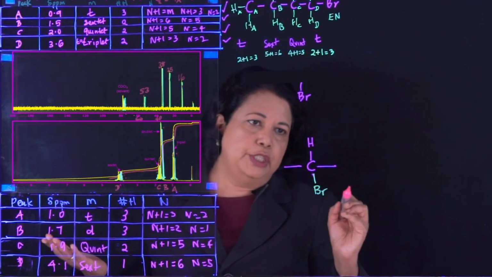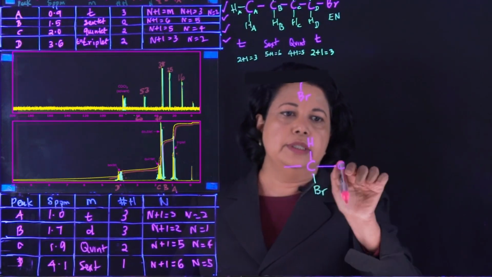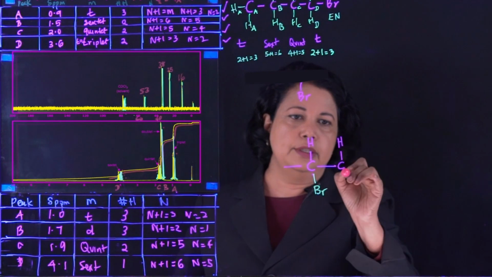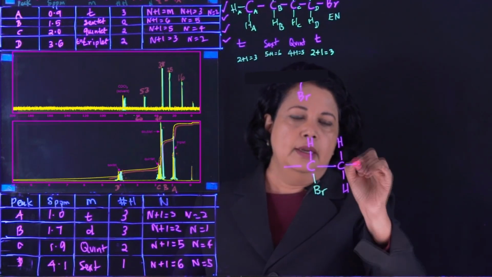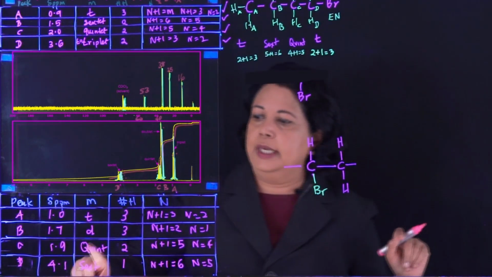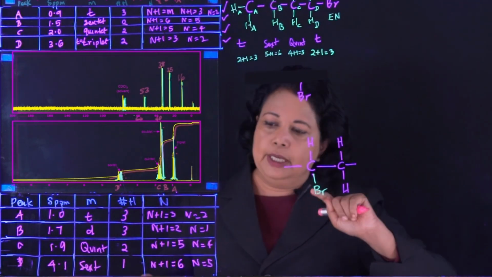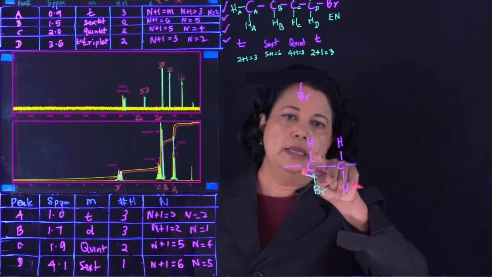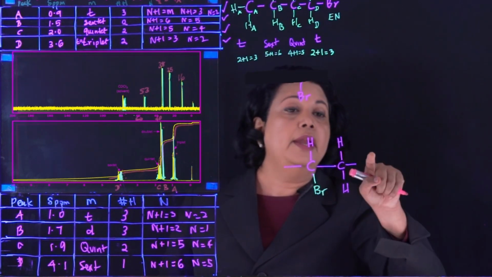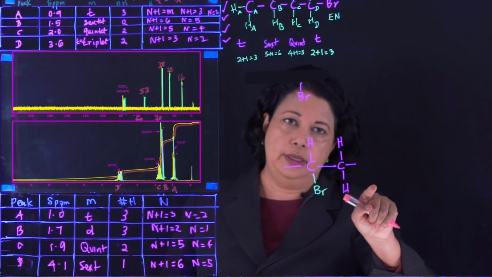Where would you put your CH2? Well, it's either this side or this side. Let's try on this side, CH2. You have a quintet for this. Therefore, if you have a quintet and you have 4 neighbors, you have 1 here, and you probably have 3 here.